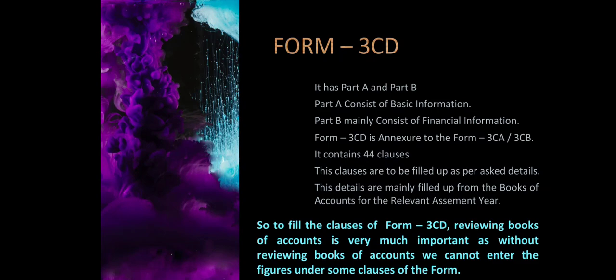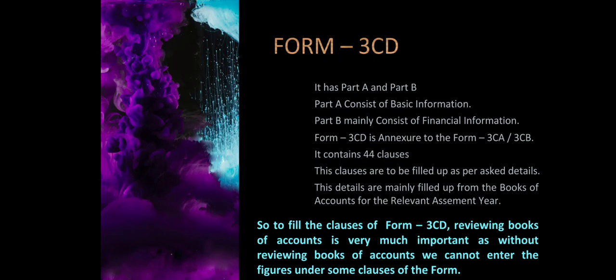Without reviewing books of account we cannot enter that. Further, for the value of closing stock and method of valuation of closing stock under clause number 14, we again have to review books of account. Without reviewing that we cannot enter that either.